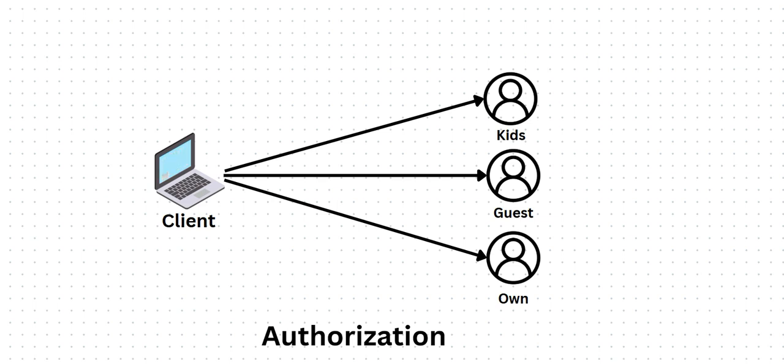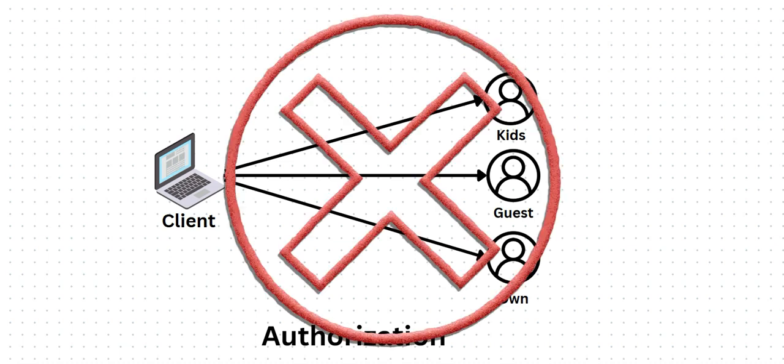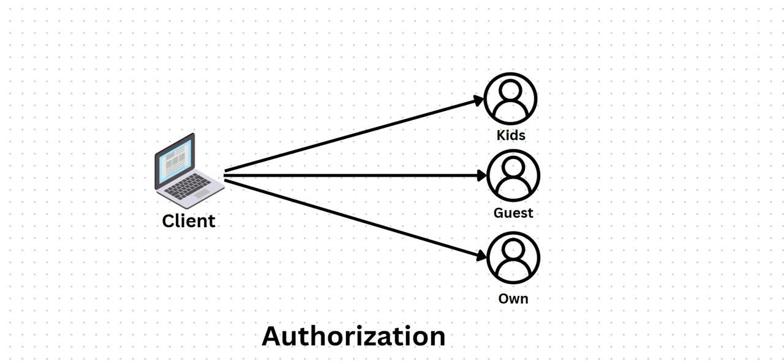Now let's say you are logging in as guest. You can only access the guest profile. But if you try to open the kids profile or owner profile, Netflix will restrict access. Why? Because you don't have the required permission to access those profiles. This is the authorization. You need authorization to access a particular section, for example the owner profile or the kids profile. This is all about authorization.